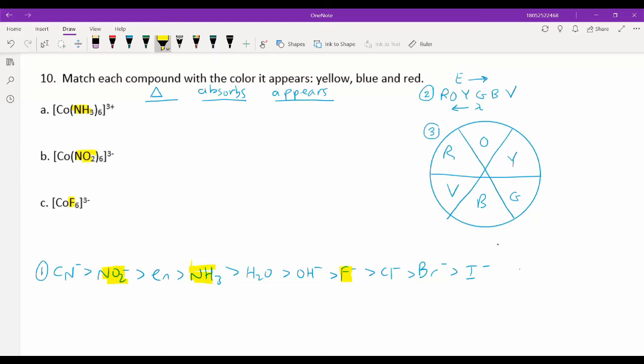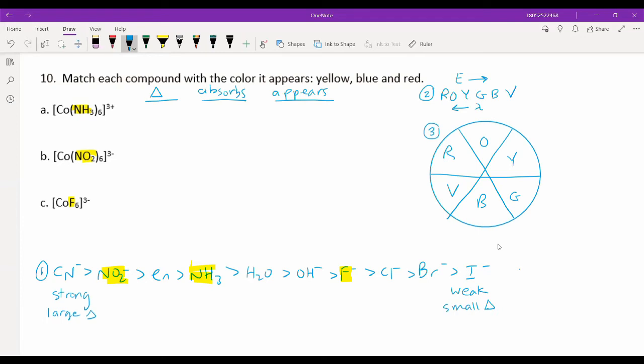And the way this spectrochemical series is laid out here is we have strong ligands going to weak ligands. So again, that would be kind of larger delta going to smaller delta.